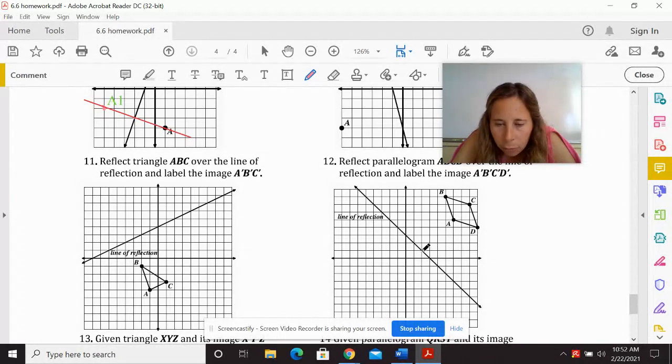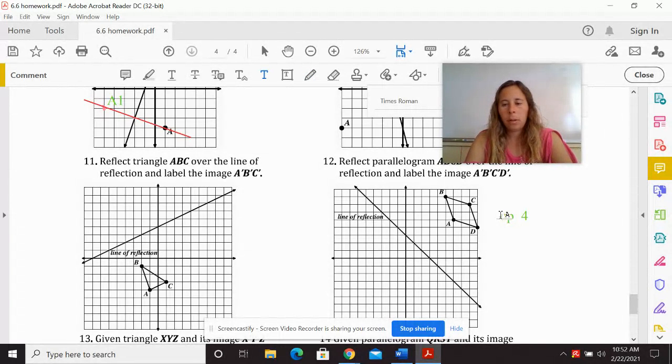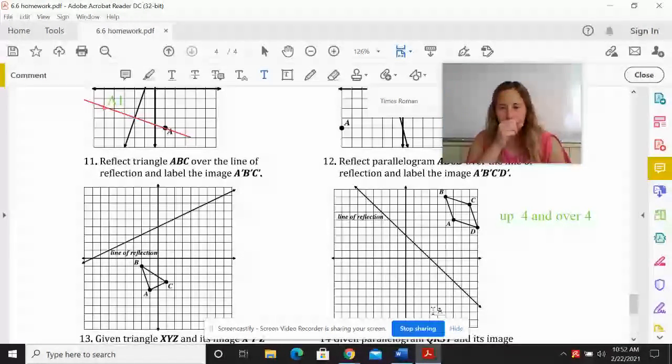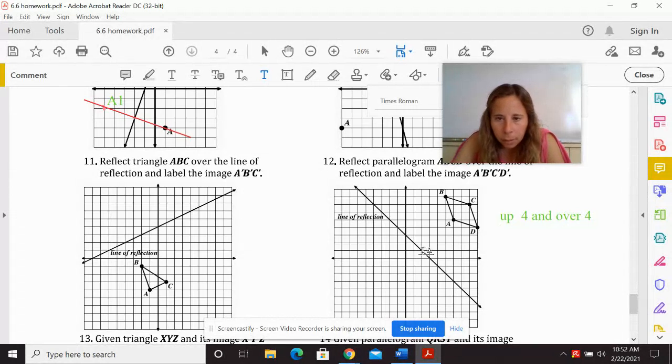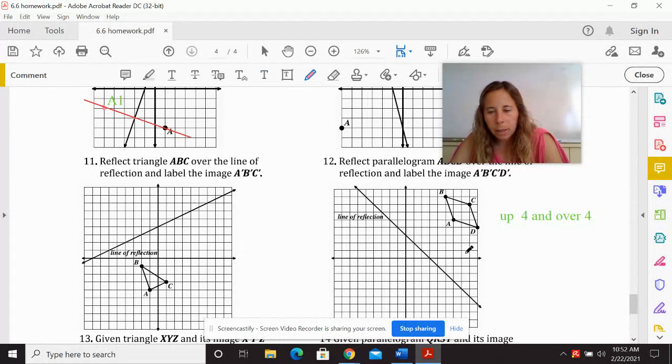From my line, A is 1, 2, 3, 4 over 4. Sorry, up 4 over 4. So if I were to reflect A over this line, just do the opposite thing. 1, 2, 3, 4. 1, 2, 3, 4.